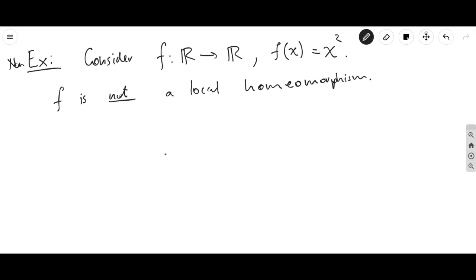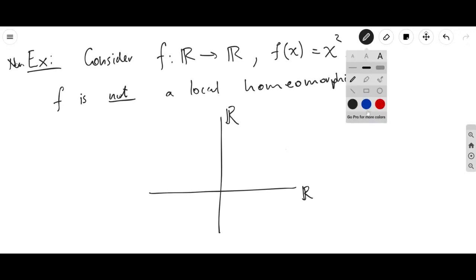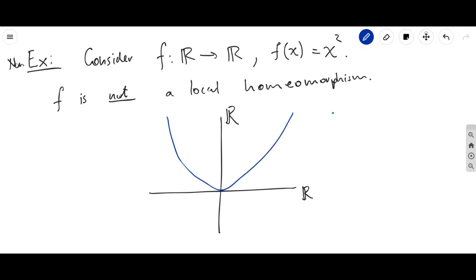So let's draw a picture for what's the problem. Maybe you can already see what the problem is. The horizontal axis represents R. The vertical axis also represents R. And we visualize this like that. Now, let's say you pick this.